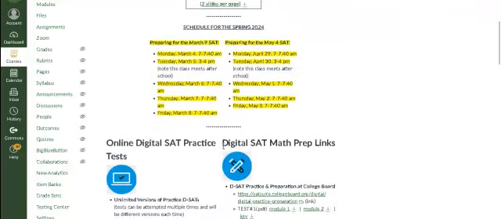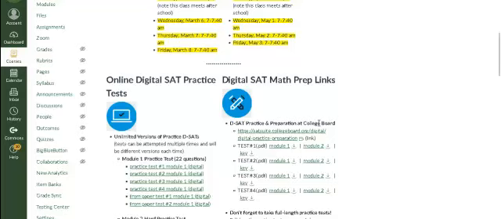The main page should have everything I have to offer you regarding prepping for the new digital SAT. Has anyone loaded the Bluebook app yet? Remember, when you take the SAT from now on, you bring a device with the Bluebook app loaded on it, and that's what you'll take your SAT on.